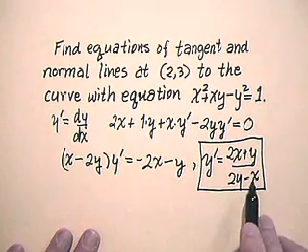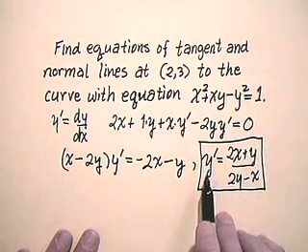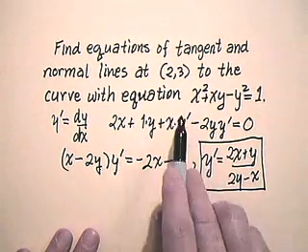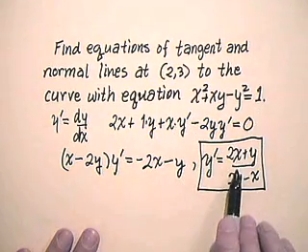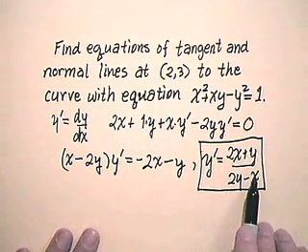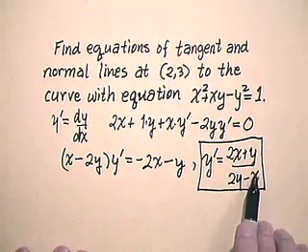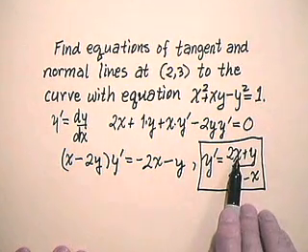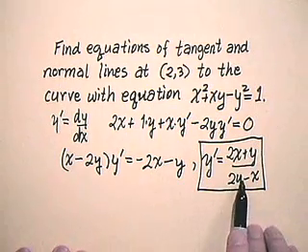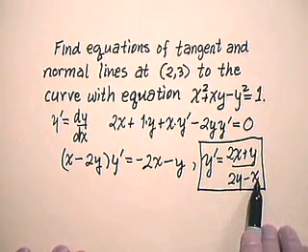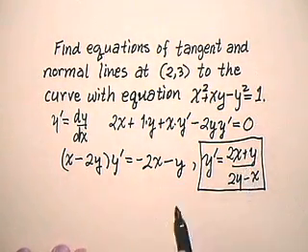That's valid at any point where y actually is a function of x. And so notice at this particular point (2, 3), I can replace everywhere the x by 2 and the y by 3. Well, what happens? 2 times 2 is 4, plus 3 is 7. The numerator becomes 7. 2 times 3 is 6, minus 2 is 4, so 7/4.